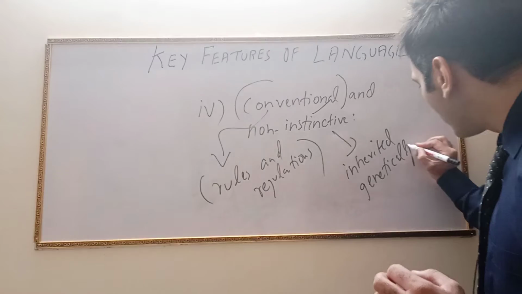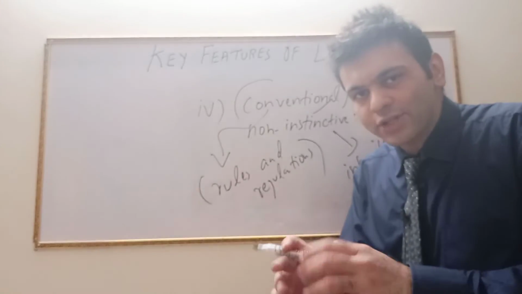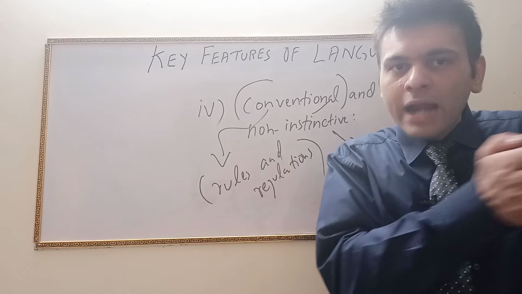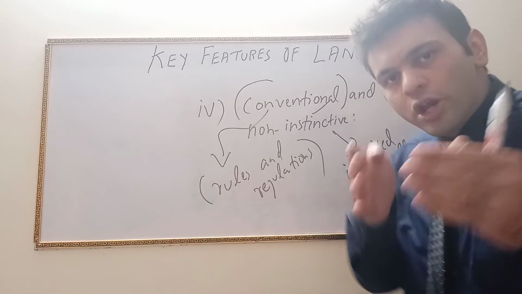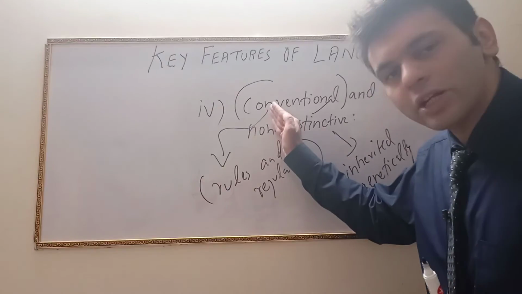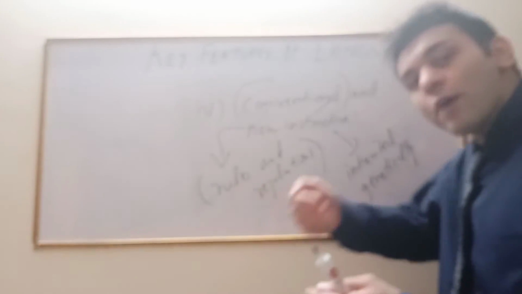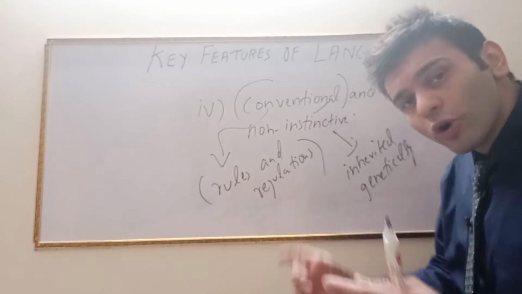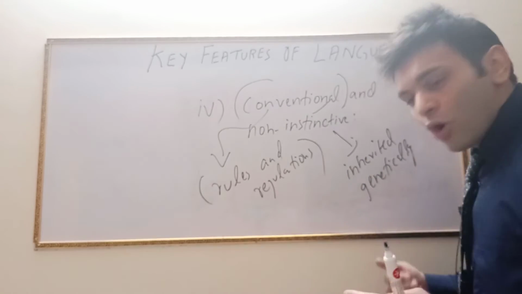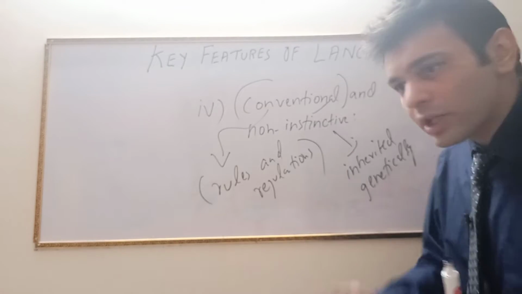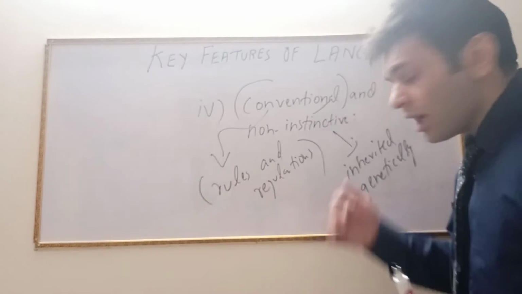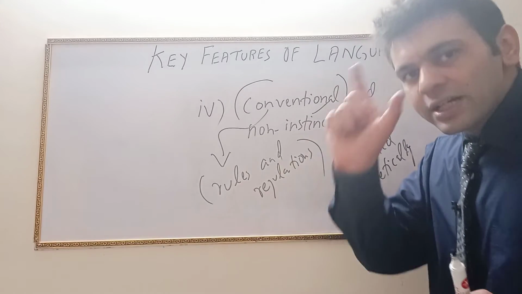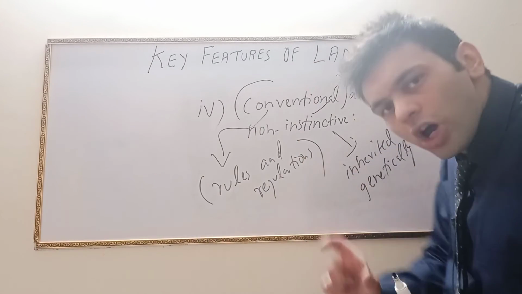Over here, I would like to draw a comparison between animal communication systems and human language. Human language is purely based on conventions, as opposed to animals' communication systems, which are purely instinctive, because wherever an animal is, in whichever context, it will follow the same inherited knowledge.